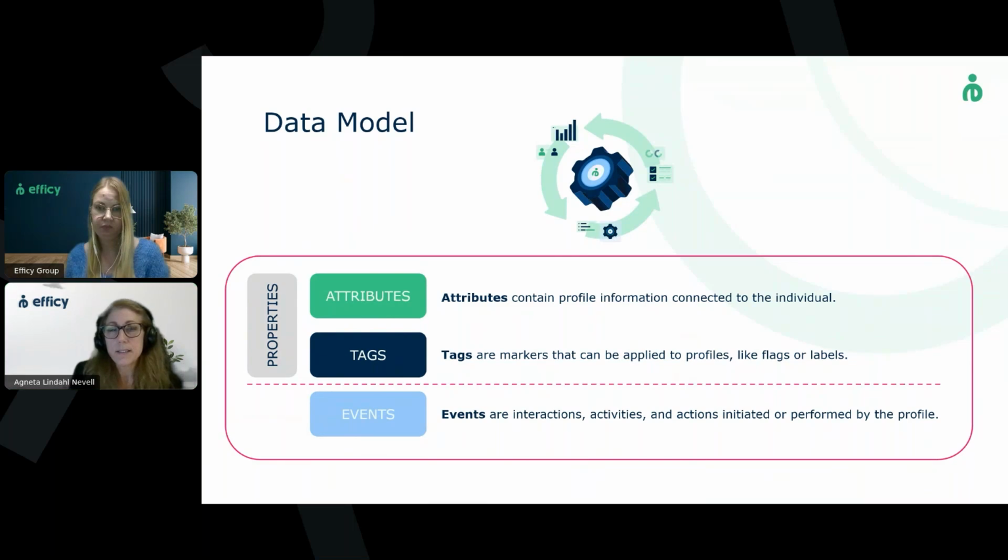The tags, the attributes, and the events, they give you this complete picture of each profile, the very powerful 360 view. So let's look at how you can actually create the attributes and tags in Apsis One to create your data model.